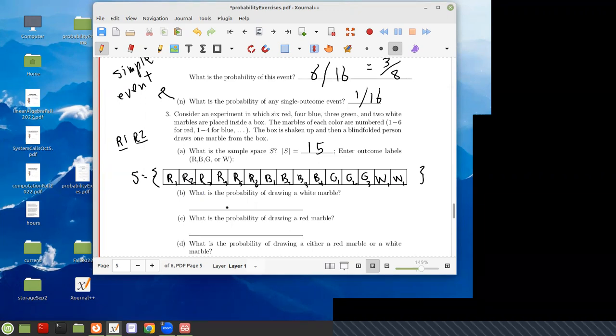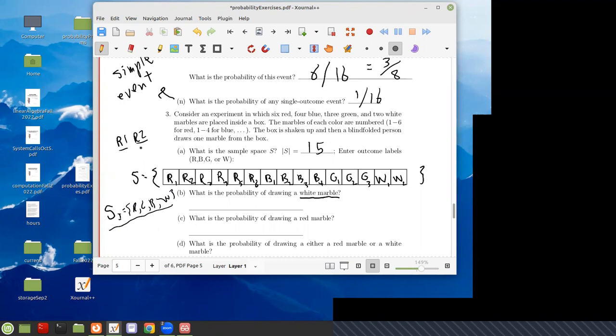But what you can see is that when it asks the question, what is the probability of drawing a white marble? Well, it looks like the sample space is you either have a red, blue, green, or white. You could make the experiment where the sample space was red, blue, green, or white, but this would not be a classical probability situation because these aren't equally likely.